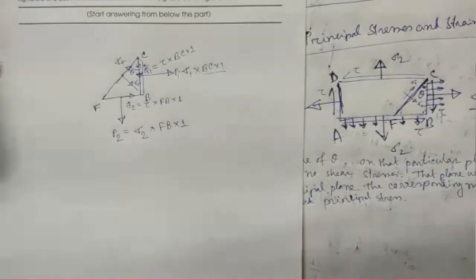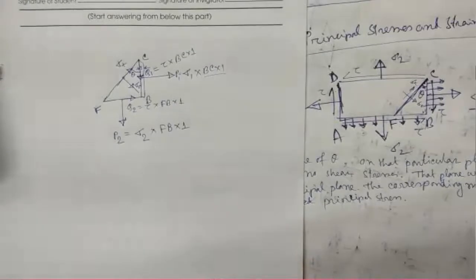Is this scenario clear, what we have drawn, the free body diagram of this wedge? Give me a reply, because otherwise if we go forward you won't be able to understand.